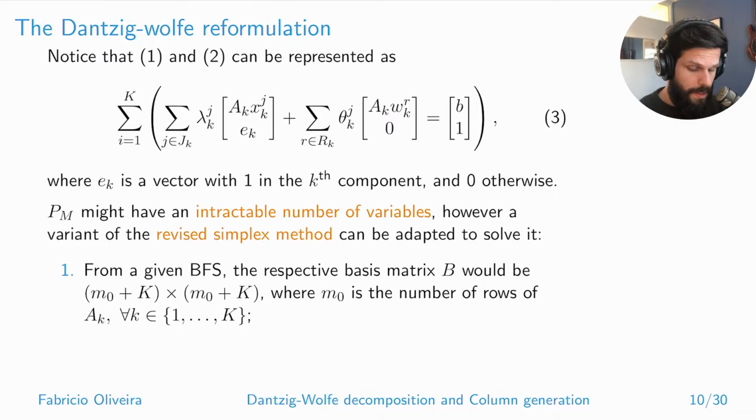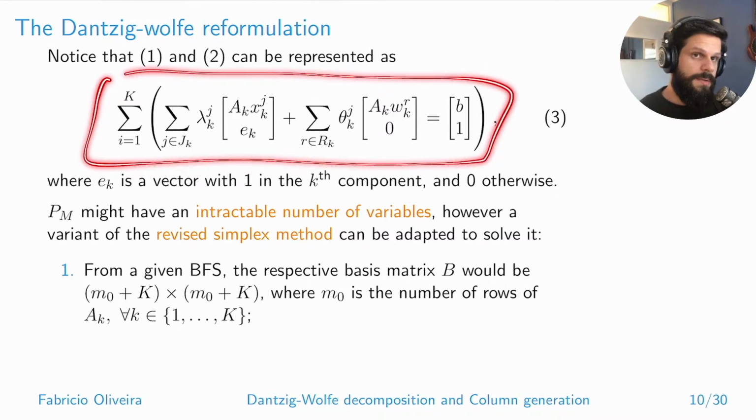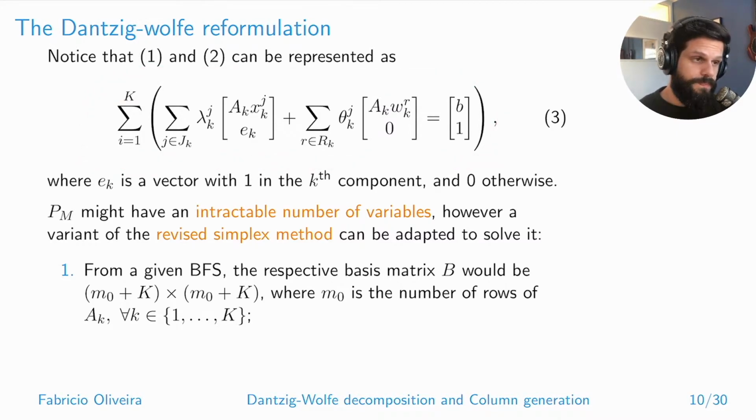But if you think a bit harder about this being the main constraint in the main problem, once you have a basic feasible solution, the basis matrix associated with a problem PM that has this as a constraint has M, we call it M0, so we differentiate from the number of rows in D. This is M0, and I have one per subproblem, so capital K. So a basis matrix for this problem is M0 plus K times M0 plus K.